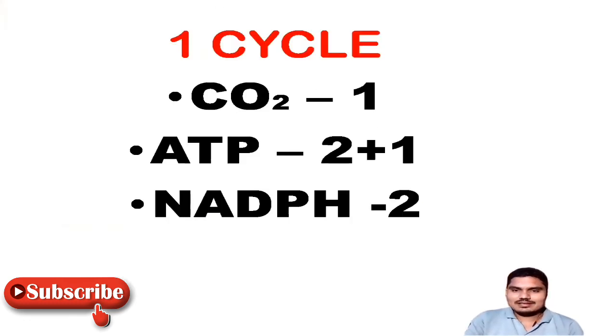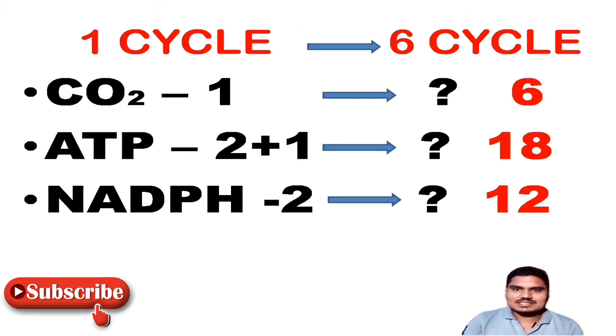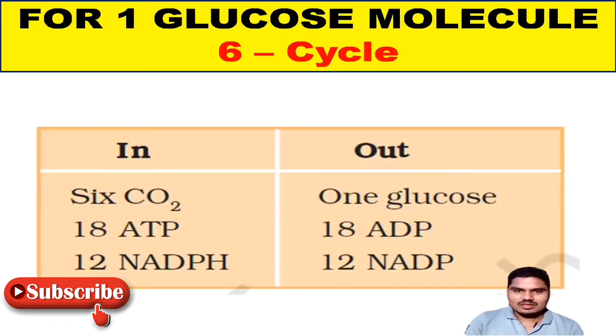In one cycle, it requires 1 carbon dioxide, 3 ATP molecules (2 plus 1), and 2 NADPH molecules. What about 6 cycles? For 6 cycles of the Calvin cycle, they need 6 carbon dioxide, 18 ATP molecules, and 12 NADPH molecules.